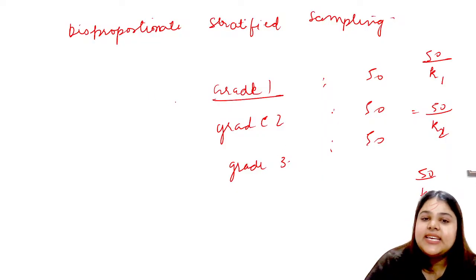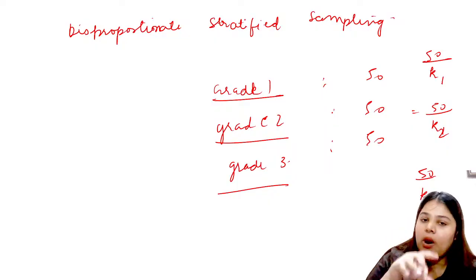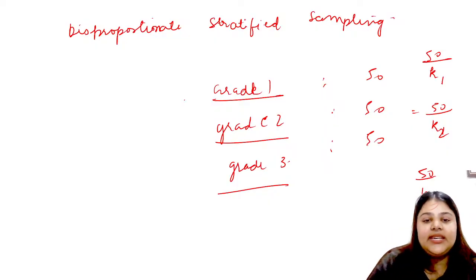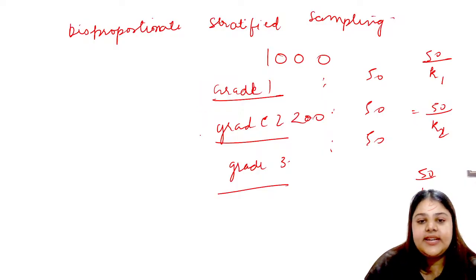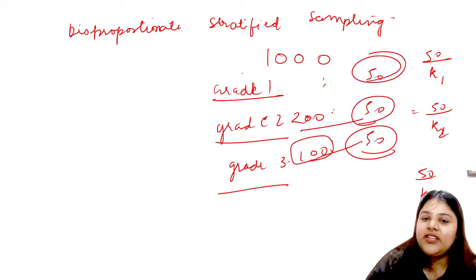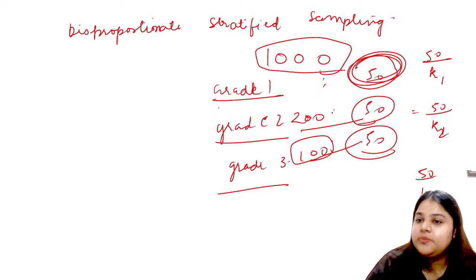I am not taking into consideration the actual number of people in each stratum. For example, in grade 1 there are 1000 students, in grade 2 there are 200, and in grade 3 there are 100. So maybe these 50 represent grade 3 or grade 2 well, but these 50 are not a good representation of the 1000 students in grade 1.